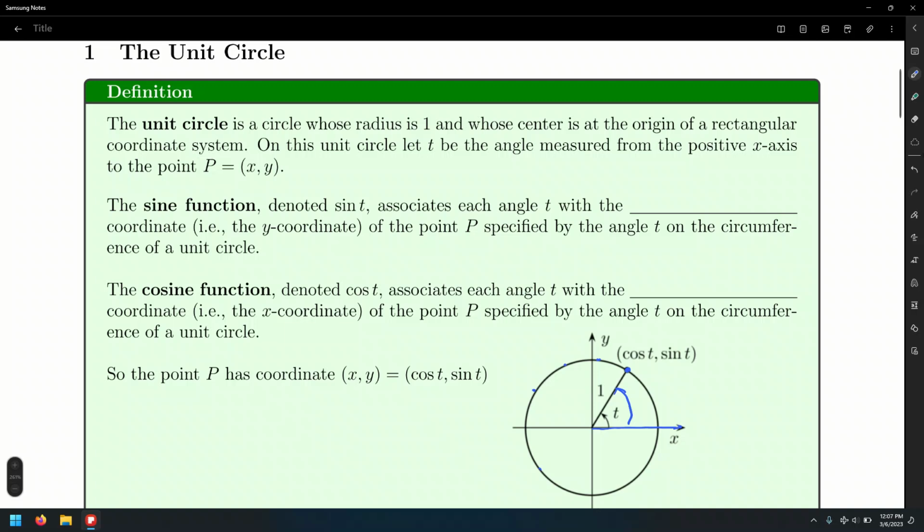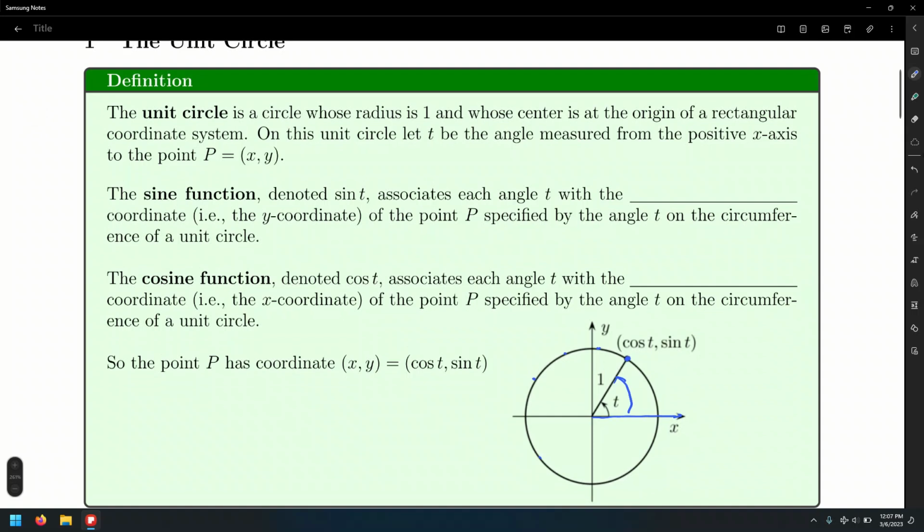The sine function is defined by the y coordinate of the point, and the cosine function associates the angle with the x component of that given ordered pair. That's all you need to keep in mind for now.